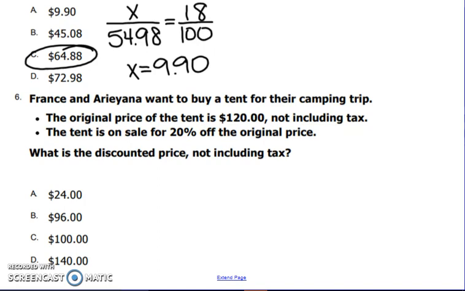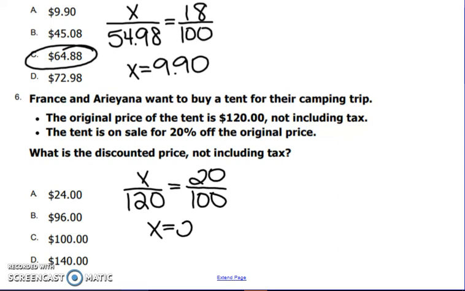So it looks like we have X over 120 because we're trying to find the discount. The original price was $120. And then we have 20 over 100. Multiply, divide, you get that X equals 24. Well, what does 24 mean? 24 represents the discount that they would receive.